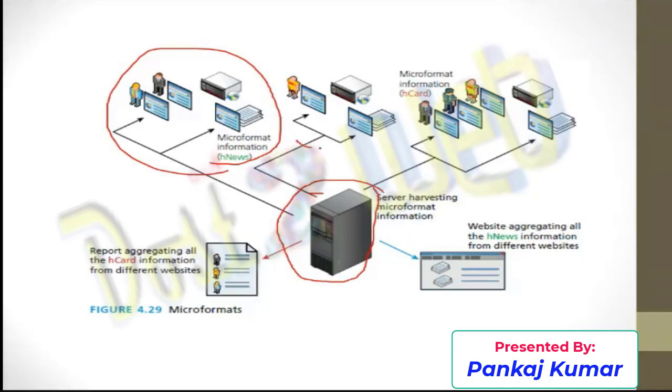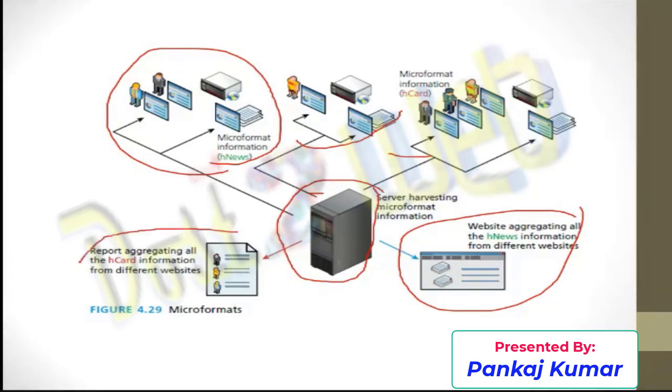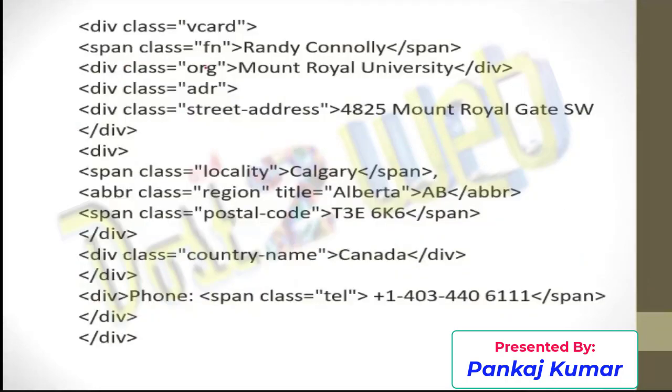If you have hCard, then hCard is separate. If you have another news item to display, you can build a website aggregating all the news information from different websites. Report aggregation also you can do. So you can use microformat for hCard, microformat for h-news, microformat for hCard, whichever way you feel you can define. That is what happens with the help of microformats.